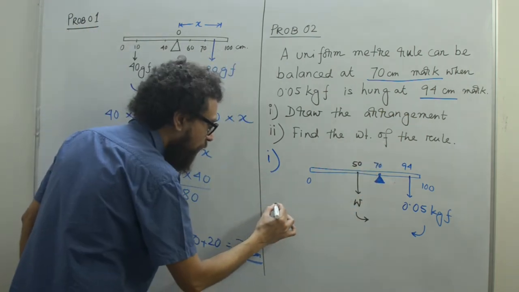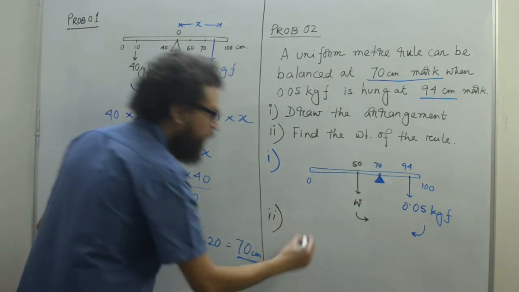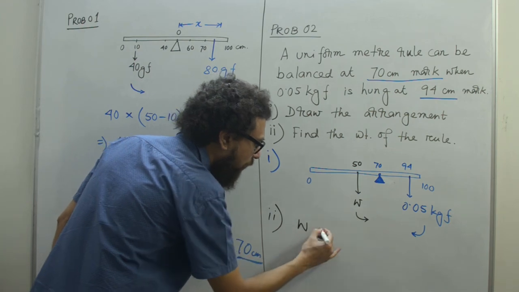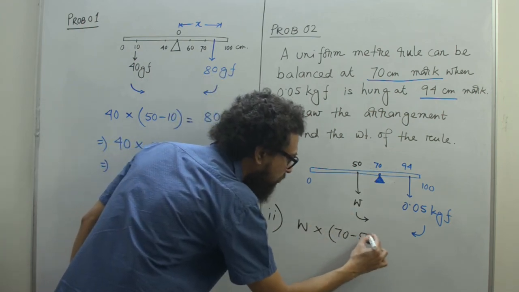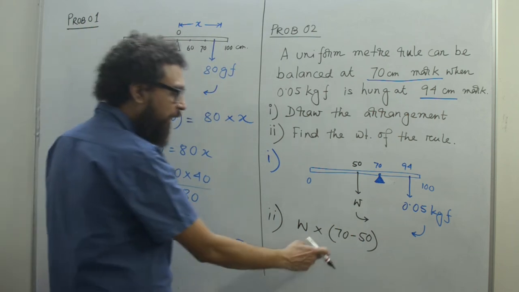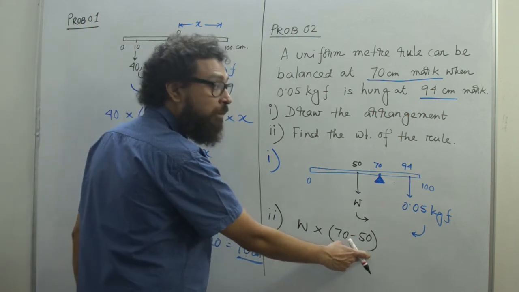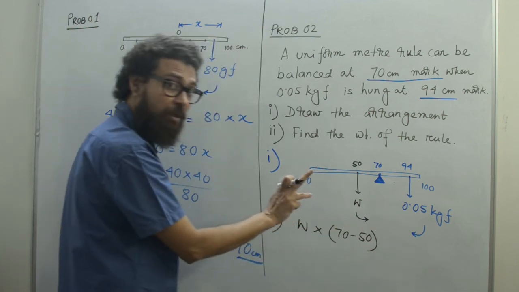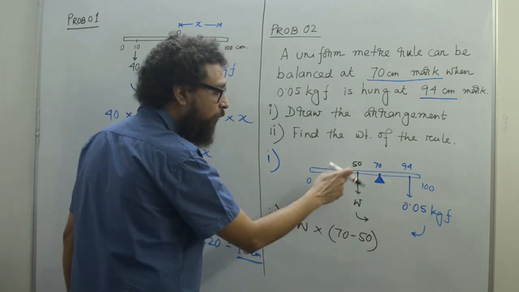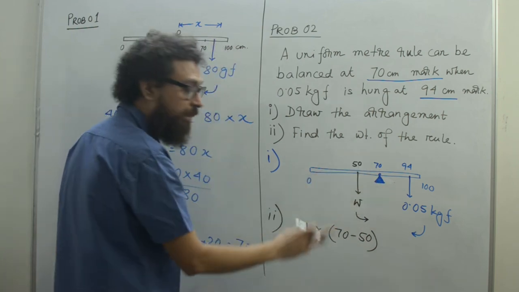Now we are going to solve. What we are going to do? We'll write W. This is anti-clock. So W into what is the situation? 70 minus 50. Again this I am showing to the examiner so that he or she can understand you have understood the logic. The pivot is at 70, weight is at 50, so distance is 70 minus 50.